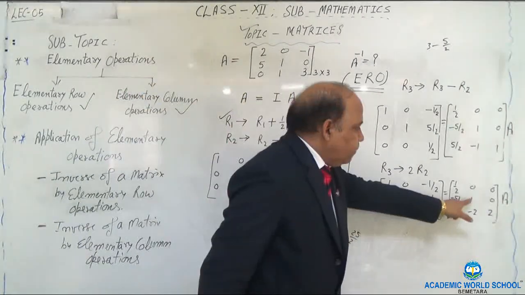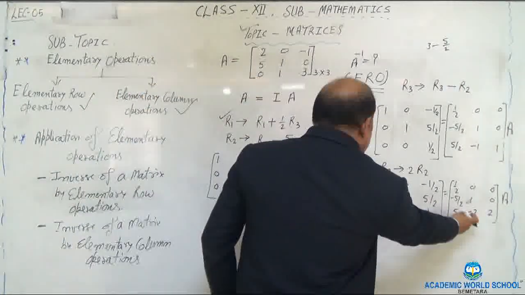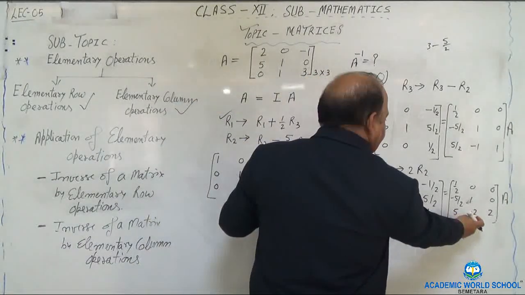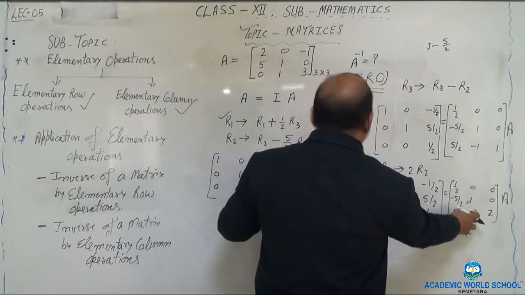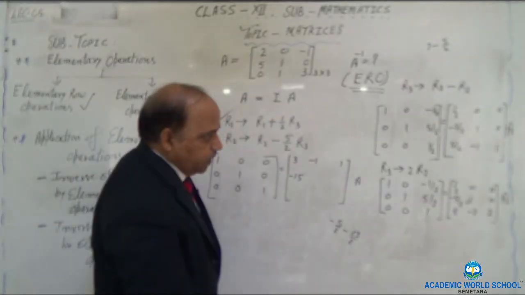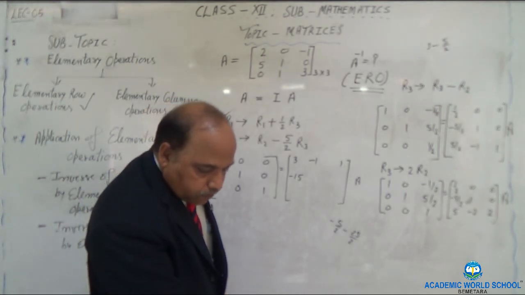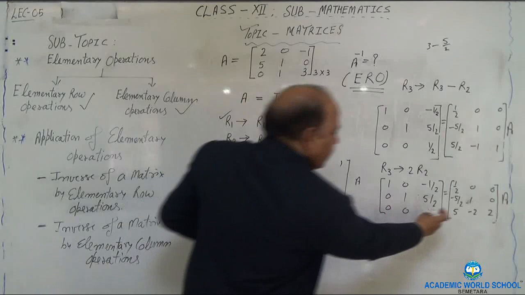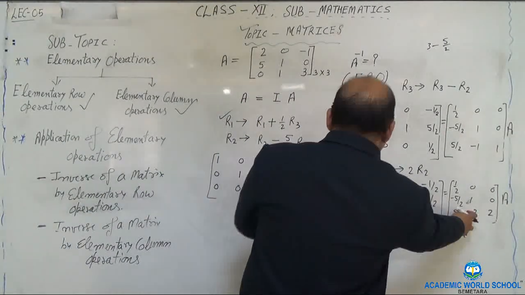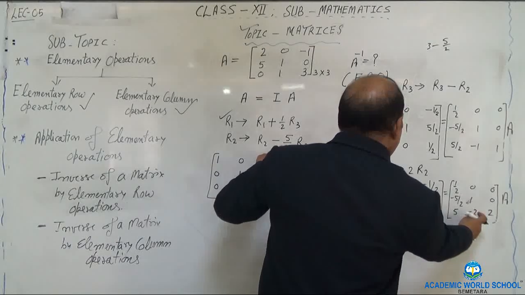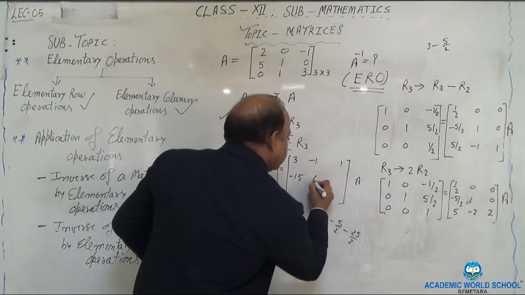Now, what about the second one? So if you multiply by this 5 by 2, you are multiplying by 5 by 2. This minus minus will get cancelled, 2 will get cancelled, only 5 is left. 5 minus 1, it will become 6.